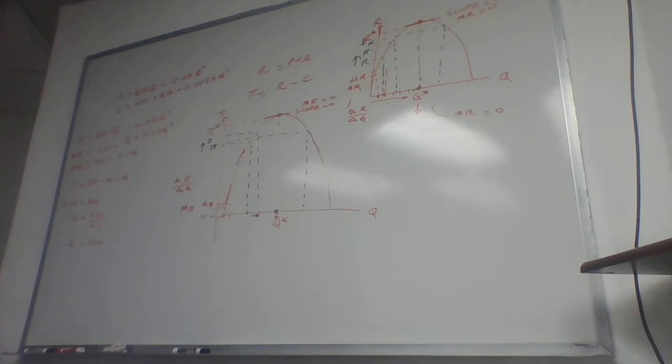Now, our revenue, by definition, is price times quantity. Right? So if we divide this by Q, wouldn't we get our price, our inverse demand equation?